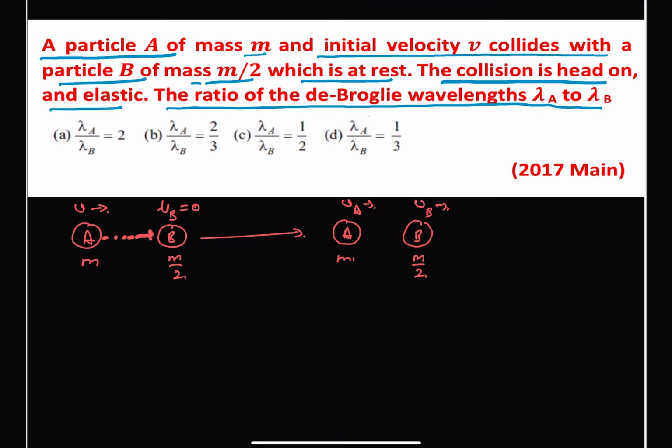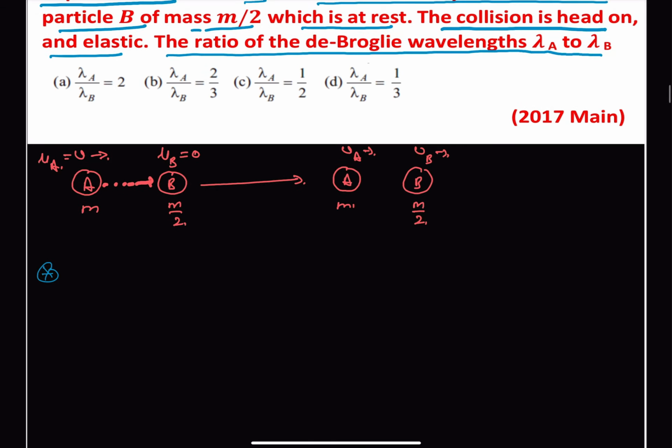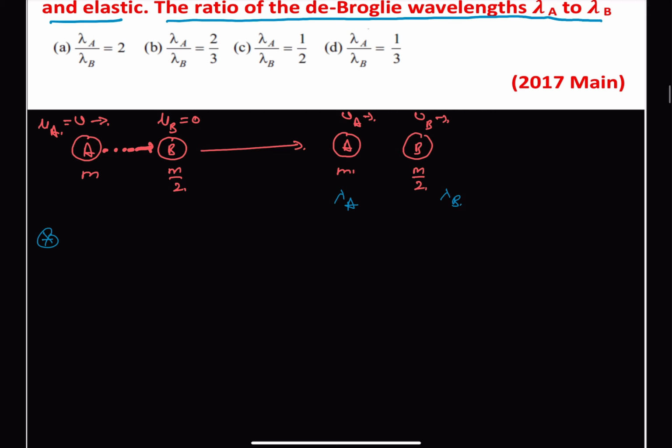Let me write ua as the initial velocity of A, which is equal to v. After collision the wavelength is lambda A and this is for lambda B. So we are going to use the conservation law.